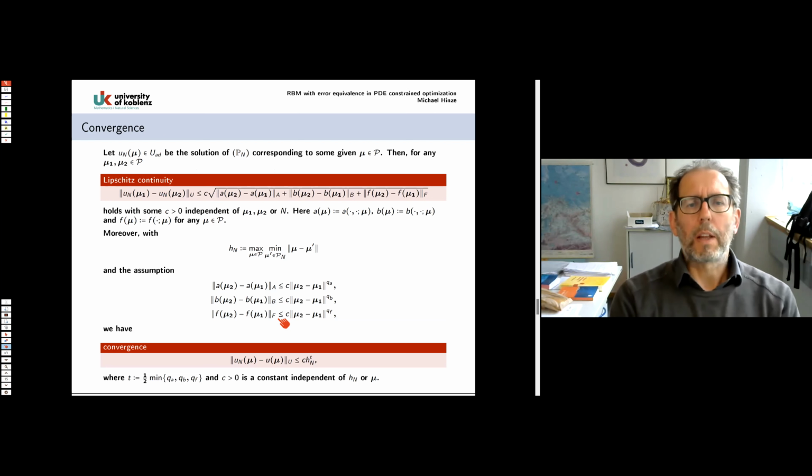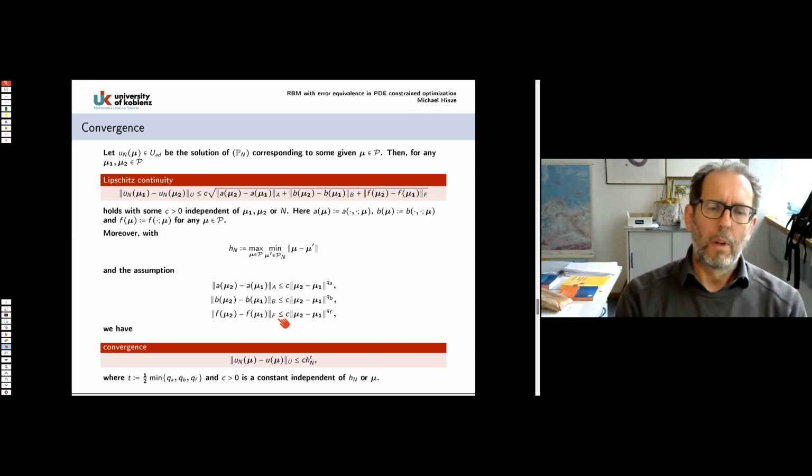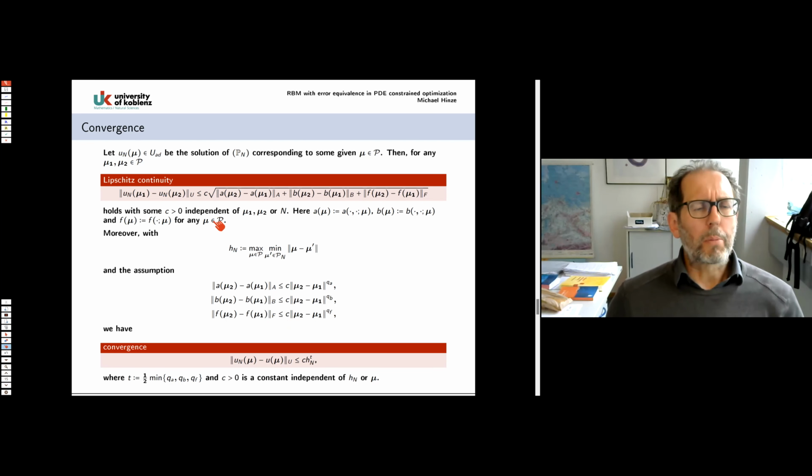Yeah, and then you can also prove convergence of the method in the context which you also find in the lecture notes of Bernard Haasdonk. The suppositions here need that we have Lipschitz continuity of the discrete solution, which we can establish, and certain Lipschitz continuity of the forms A, E, and F. If one has this, then one can prove, where h_n is now the step size in the parameter discretization process.